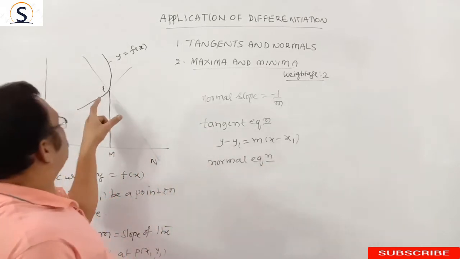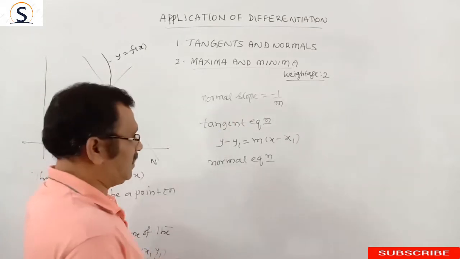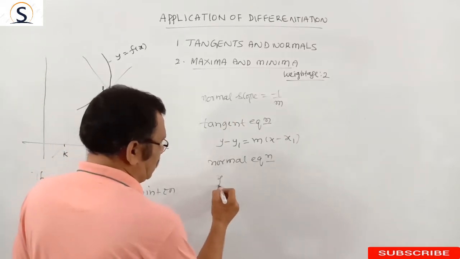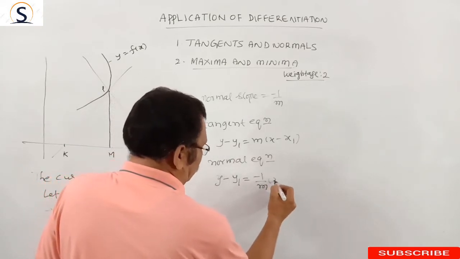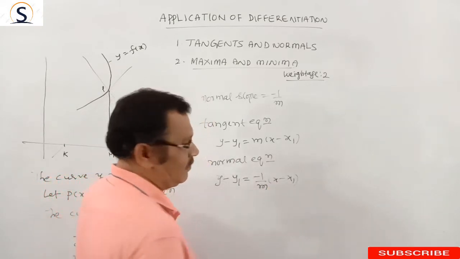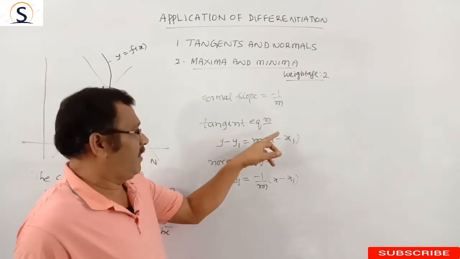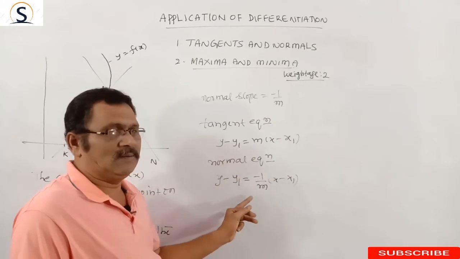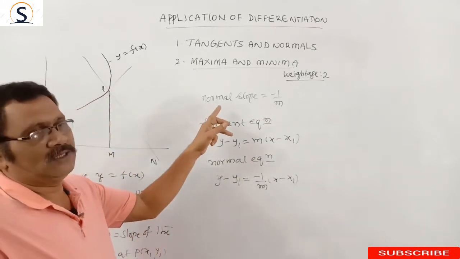Even normal also passing through the point P only, but the slope is minus 1 by m. Therefore, normal equation is y minus y1 is equal to minus 1 by m into x minus x1. This is the normal equation. Tangent equation, and this is normal equation.